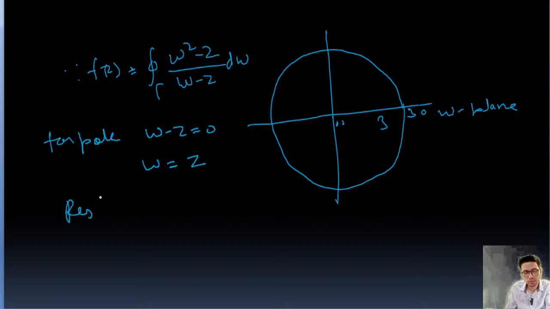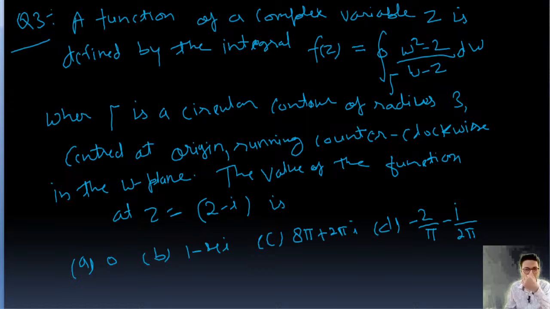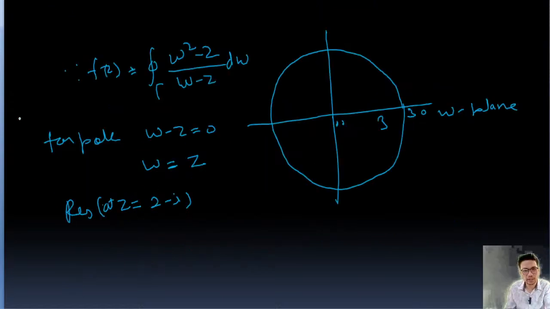So it's a simple pole, so we'll find the residue. Residue at z equal to 2 minus i, z value is given. So we need to find the residue at z equal to 2 minus i. We know how to find that.